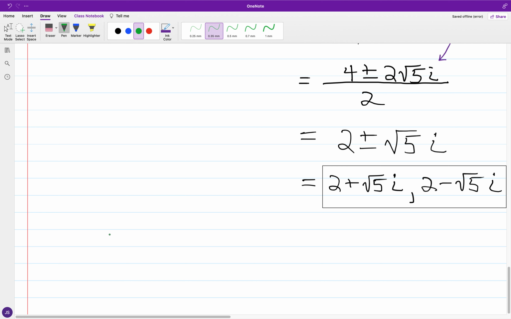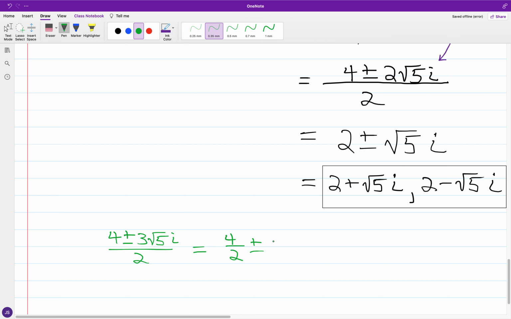Say if we had something like 4 plus or minus 3 times the square root of 5i over 2.